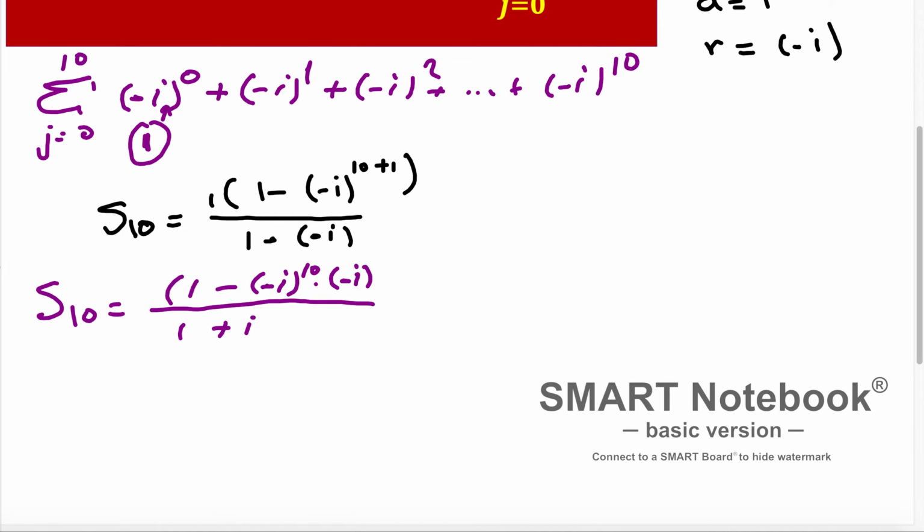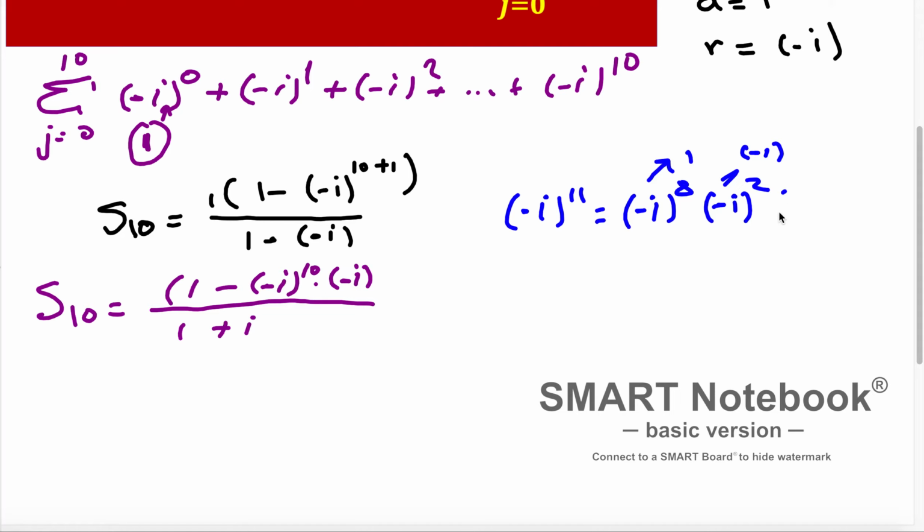But let me find out what (−i)^11 is. This is going to be (−i)^8, which is 1, times (−i) squared, and because it is a square, it is the same as i squared, which is equal to minus 1.